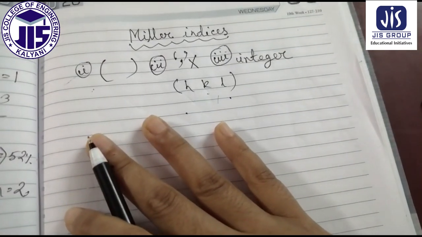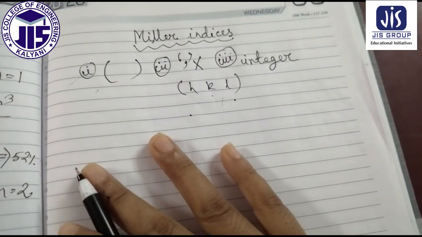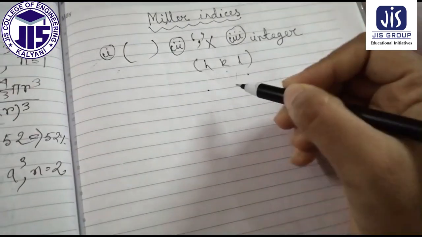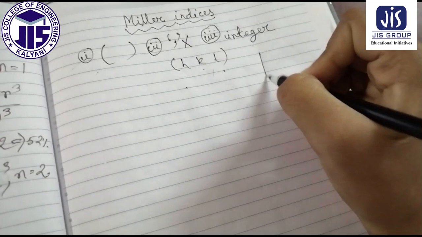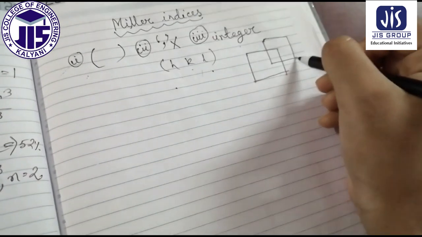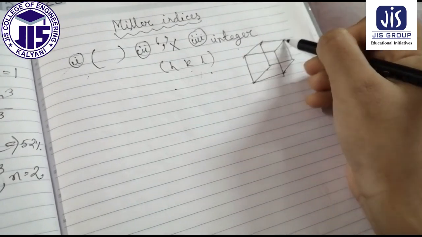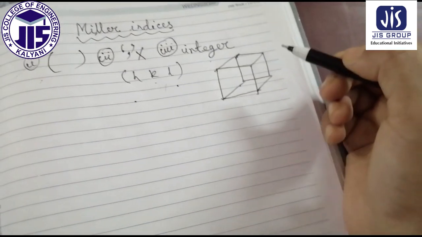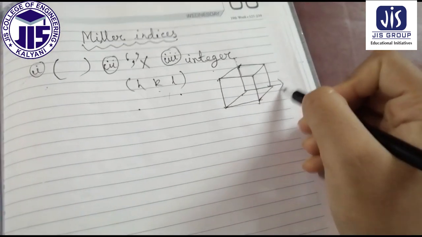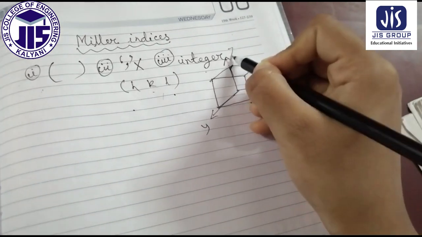Now, why do we have to study Miller indices, or what are the physical significances of the Miller indices? For that, I have to draw a figure, a cube. In my last class we already discussed the crystallographic axes. Suppose this is your x, this is your y, and this is your z.